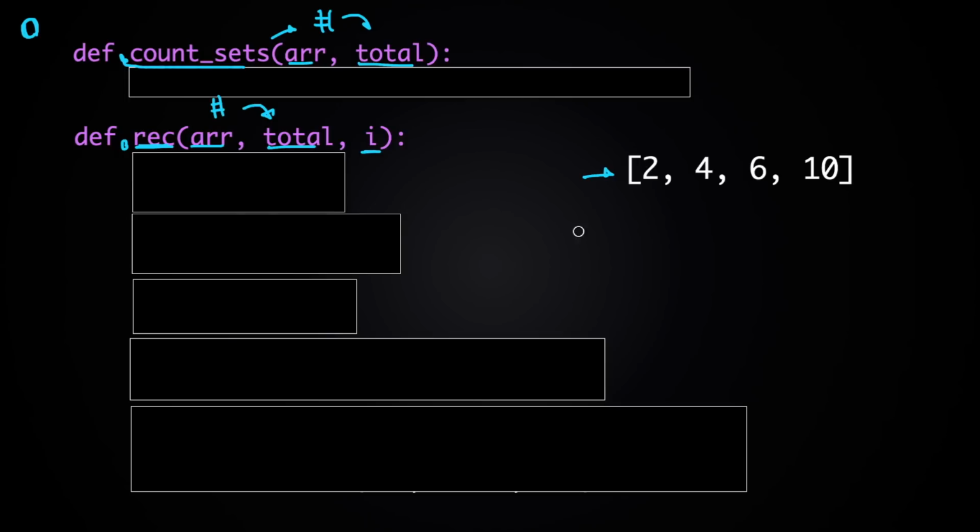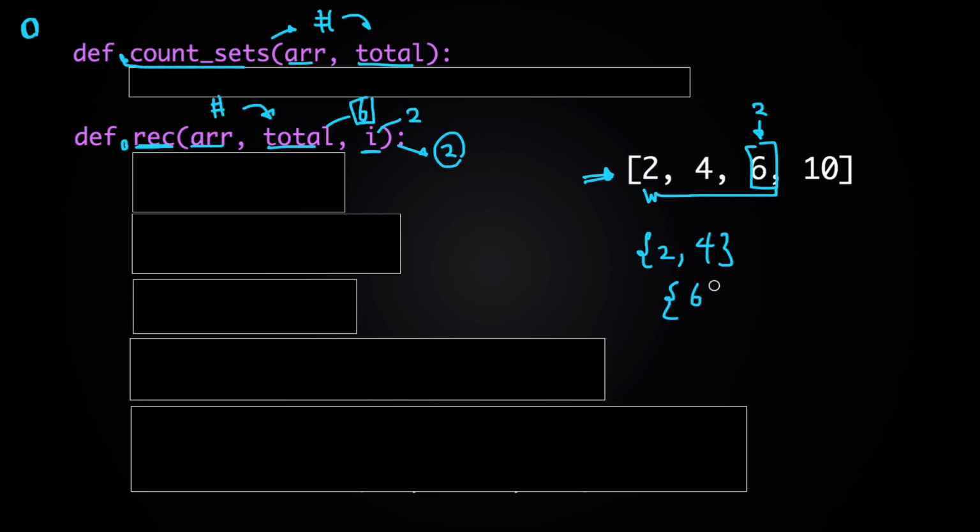So if you're given, for example, this array r and 6 as the total amount and 2 as the index, that would be right here, we're only considering these 3 elements to find the subsets that add up to the given amount. And in that case, your function rec should return 2, because there are 2 such subsets, 2, 4, and 6.